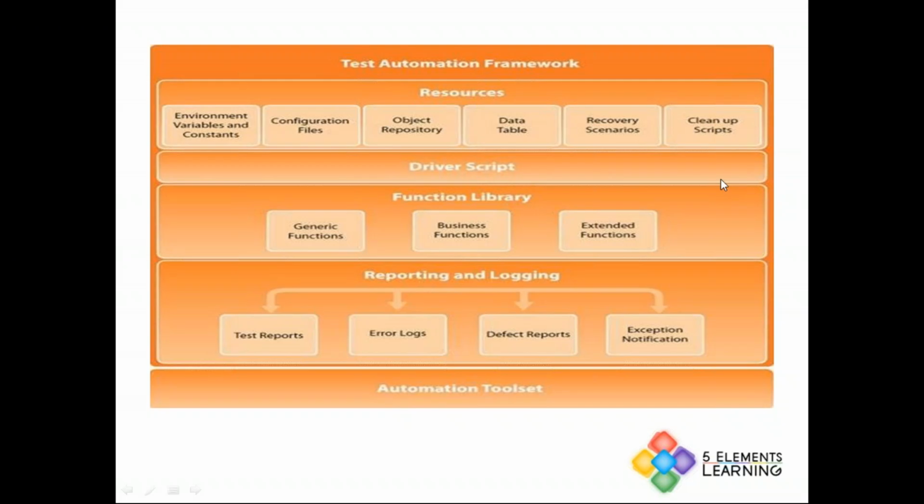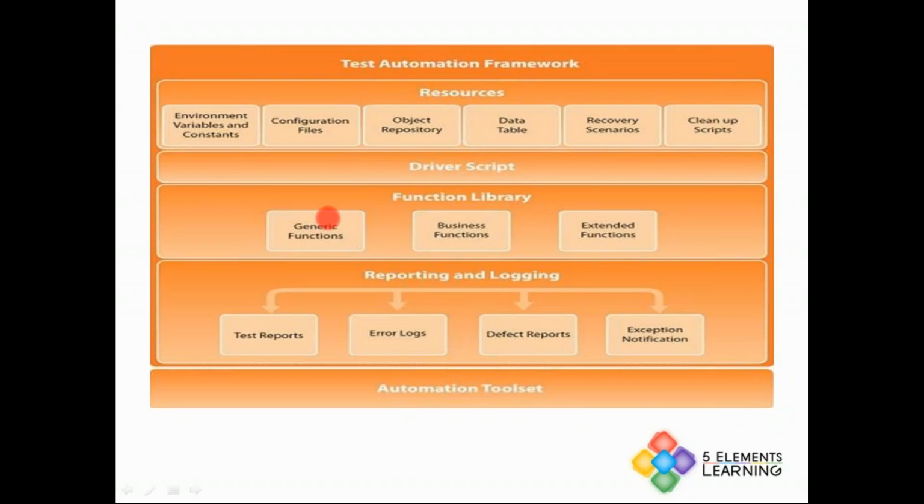So, in any good framework which we are going to design, we should have the following layers taken care of. We should have a resource layer where we take care of the environment variables, configuration files, object repository, data table, recovery scenario, cleanup scripts. Then we should have a driver script which is supposed to derive information and run code which is available to us in the function library.